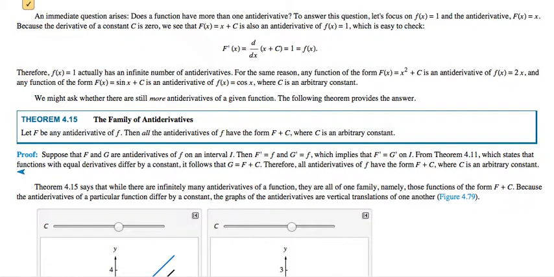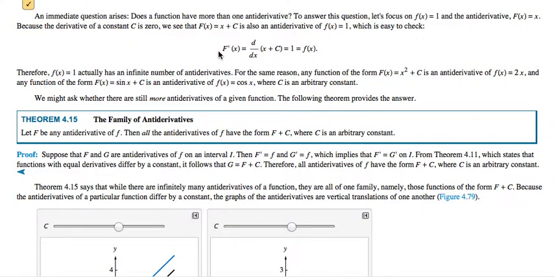So this brings up the immediate question, does each function have more than one antiderivative? And so to focus on this, we're going to look at that first example, f of x equals 1. We said that an antiderivative of that is F of x equals x. Now because the derivative of a constant is 0, we can see that taking capital F of x to be x plus c is also an antiderivative of 1.